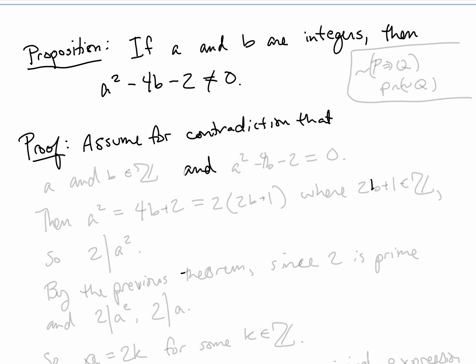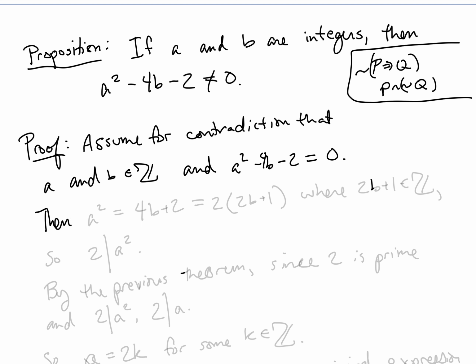The statement above is an if-then statement, and we know that the negation of a statement P implies Q is P and not Q. So that is what we want to try to assume. So assume for contradiction that a and b are integers and a squared minus 4b minus 2 is equal to 0. So that is what we're assuming.